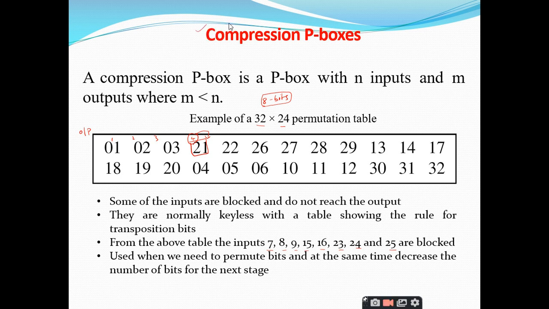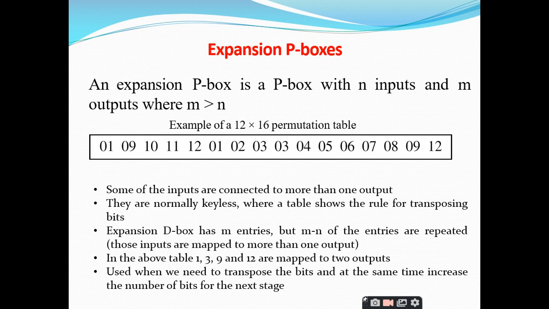As of now, we don't know where we are going to use them. The examples we are going to discuss in this unit, like DES and AES, are going to use straight P boxes only, where the number of inputs is equal to the number of outputs. So keep that in mind, right?